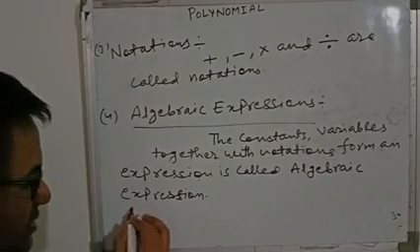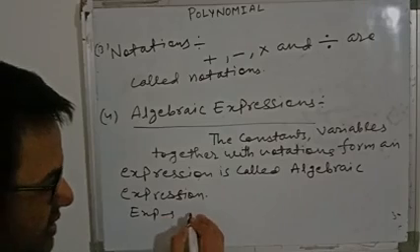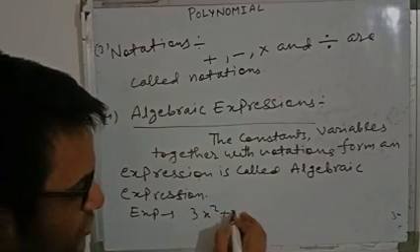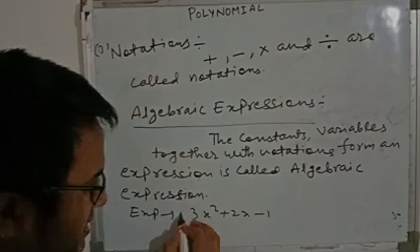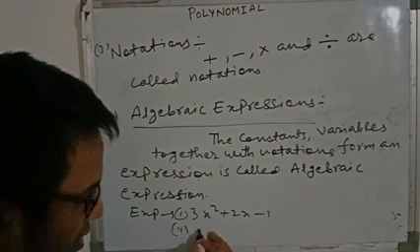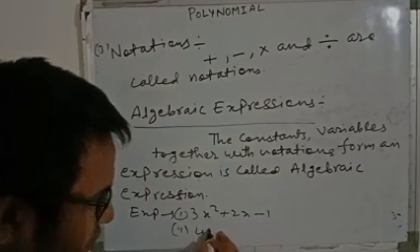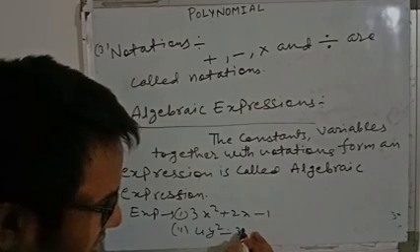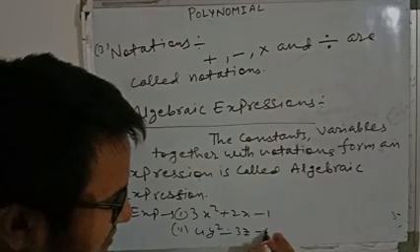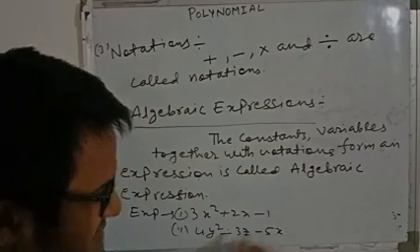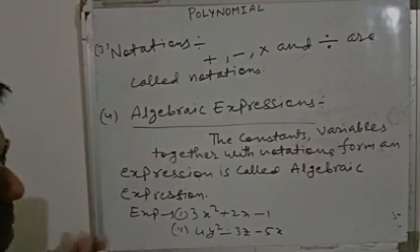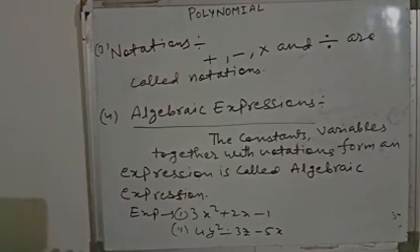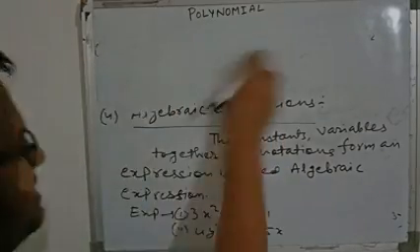Let me give examples also. There are many examples. Number 1: 3x square plus 2x minus 1. Number 2: 4y square divided by 3z minus 5x. You can give any example. All these are algebraic expressions. Again, a few other examples.